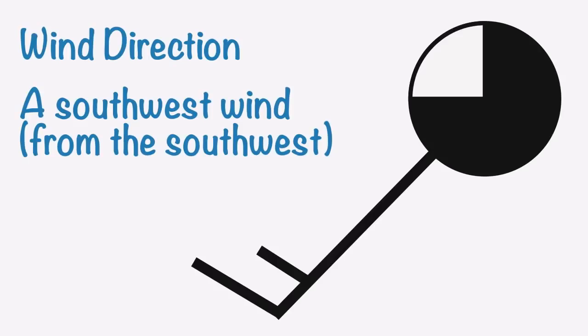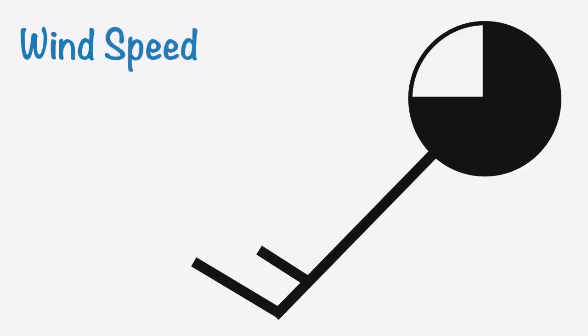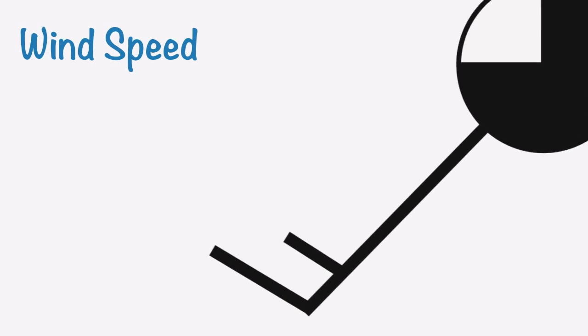Now, there's more to talk about with wind than just the direction. We also want to know how fast it's blowing. And to do that, we use a unit called a knot, K-N-O-T, and a knot is very similar to a mile per hour. The way we tell the wind speed is by looking at these two markings down at the end, and we call these feathers. These feathers can either be long or short. As you see here, we have one long one and one short one.